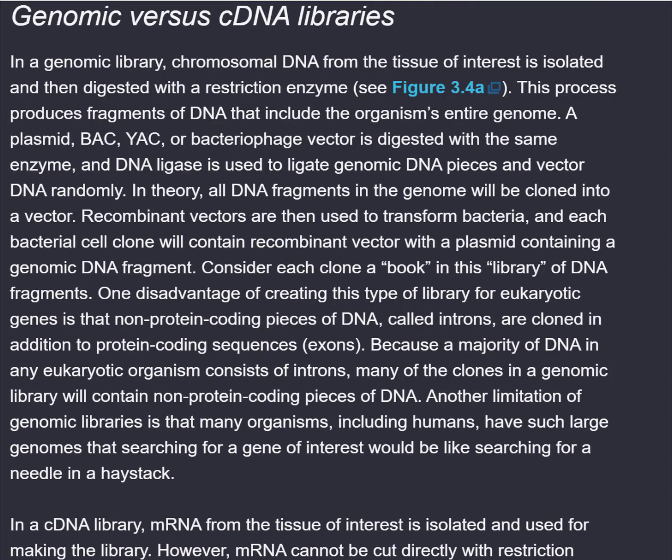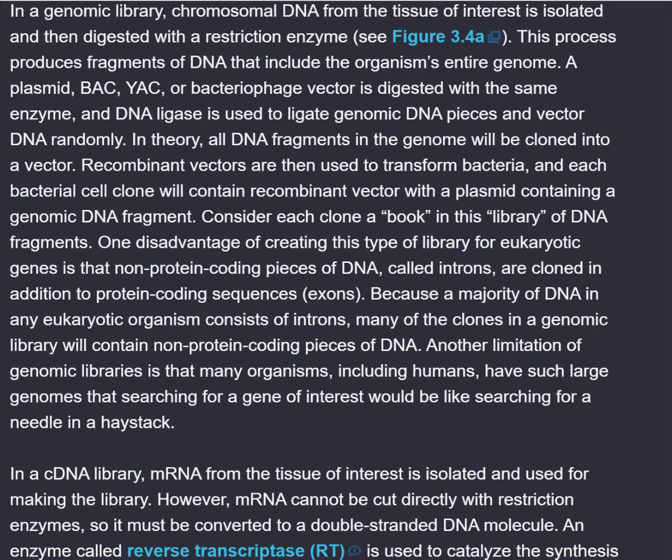Genomic versus cDNA libraries. In a genomic library, chromosomal DNA from the tissue of interest is isolated and then digested with a restriction enzyme, see Figure 3.4a. This process produces fragments of DNA that include the organism's entire genome. A plasmid, BAC, YAC, or bacteriophage vector is digested with the same enzyme, and DNA ligase is used to ligate genomic DNA pieces and vector DNA randomly.